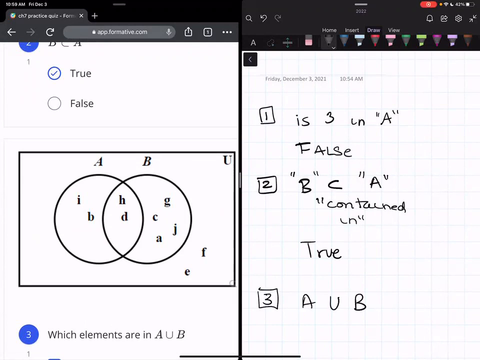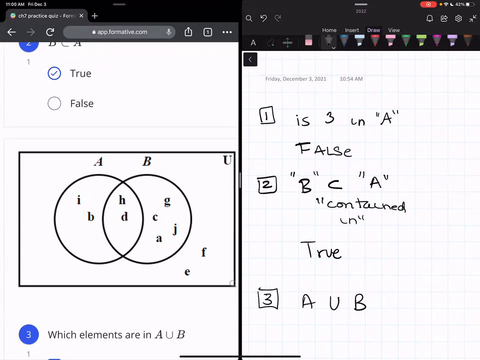So for problem 3, they give you the union symbol. So does the union mean everything or where they meet? It means everything. So you list everything in A and B. So check everything except for E and F. Oh, here it is.